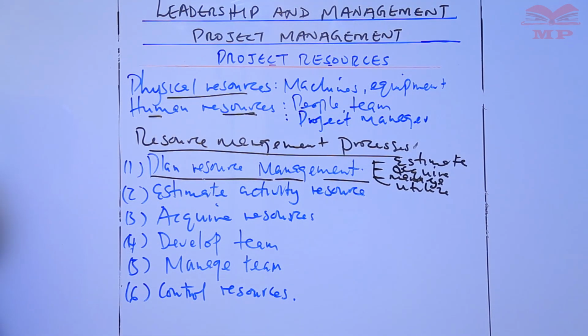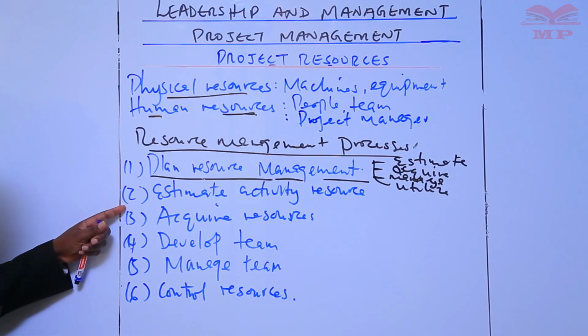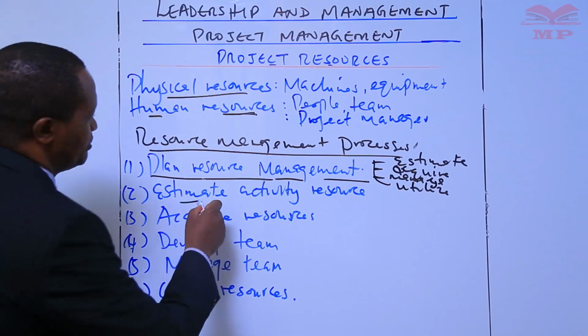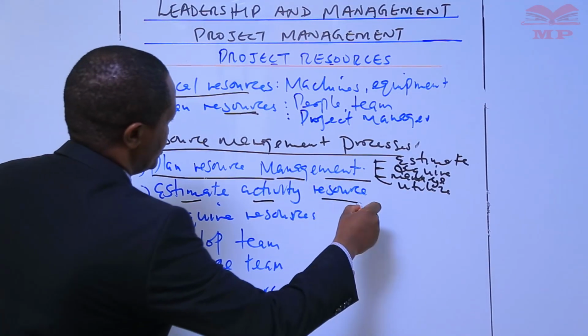So there is the second process of project resource management, which is estimating activity resource.